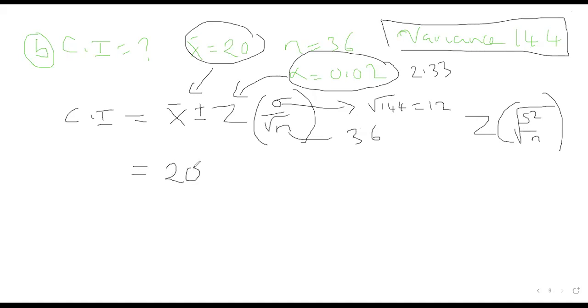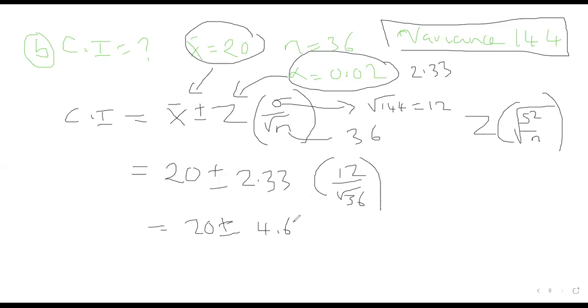So here we're going to have 20 plus minus 2.33. Then here we're going to have 12 over the square root of what? 36. So when you compute that, you're going to get a 2 in there. 12 divided by 6 is 2. 2 times 2.33 would be 4.66.